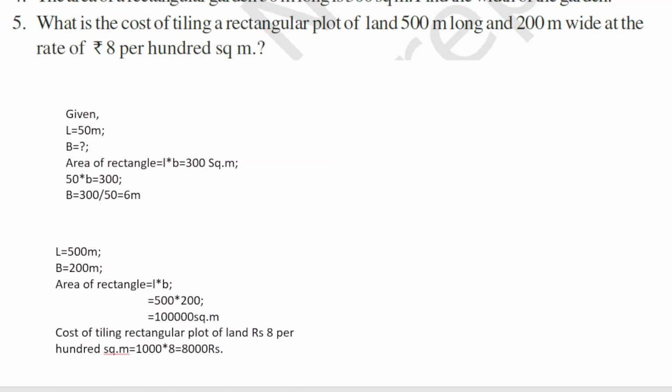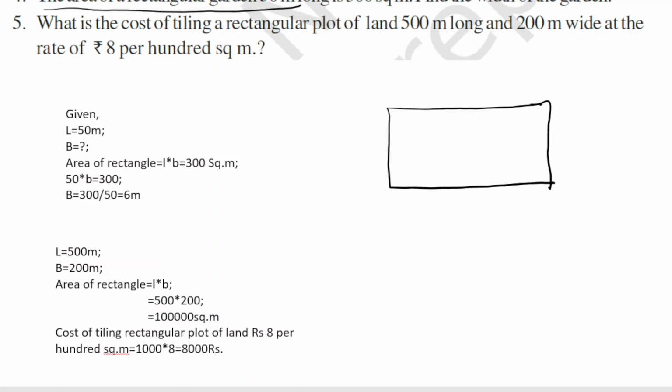And the area of the rectangular garden, the garden is 50 meters long. Suppose this is the rectangular garden and its length is 50 meters, and the area of this rectangular garden is 300 square meters, and we need to find out the width of the garden.